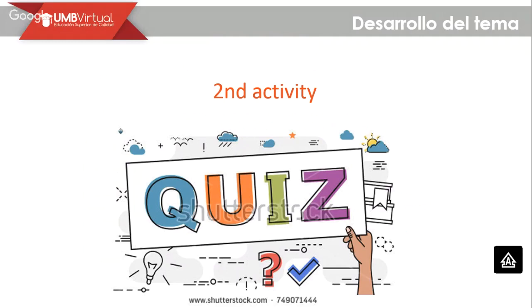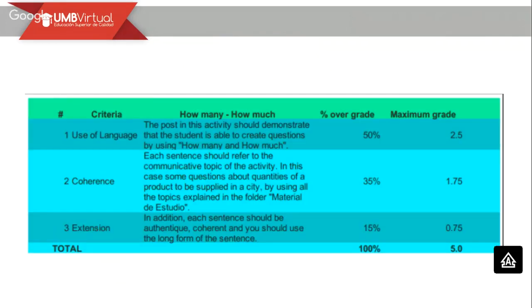Very important. And the second part for this model is our quiz, which is according to the second activity. All right? So here's the criteria according to which the activity is going to be evaluated. So first of all, you're going to be focused on the use of language, if you express grammar correctly, if you're taking into account the vocabulary and expressions we already saw in this video class.